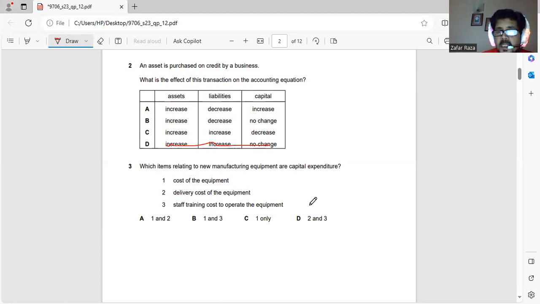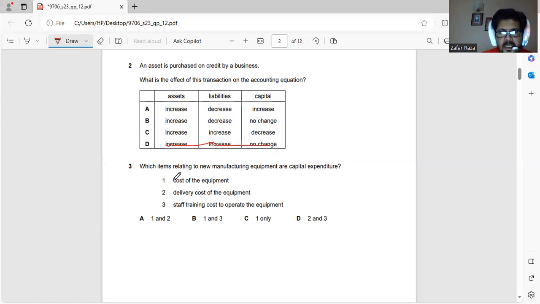Capital expenditure, there are so many definitions available on capital expenditure, but I must tell you one thing. A very key point is that we incur it once. All capital expenditures we incur once. Getting my point clear? This is the most important thing about capital expenditure.